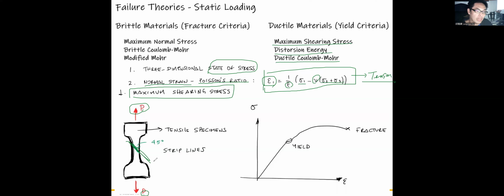Therefore, the slip process will occur along that plane at 45 degrees. In the stress-strain curve for the tensile test of ductile materials, we find the yielding point.